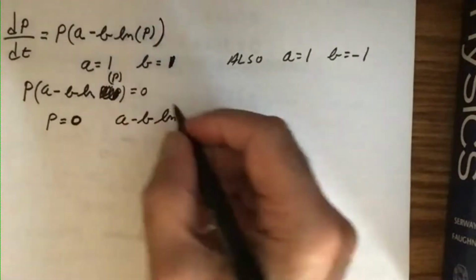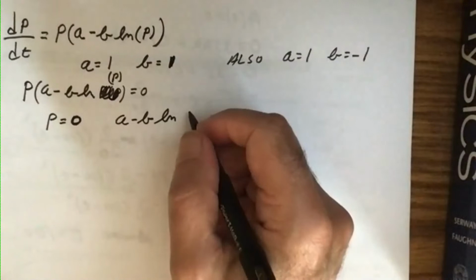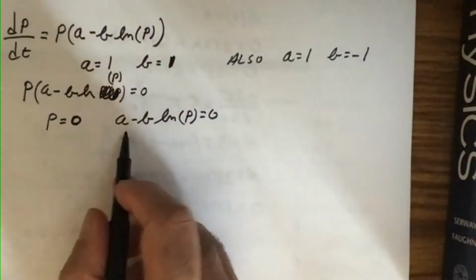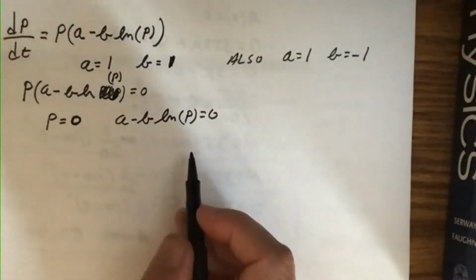Sorry about that. This is the natural log of p. This is going to be equal to 0, right? I had p here and then, okay.